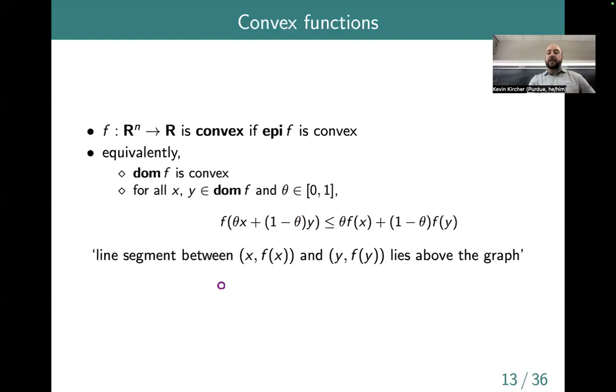And so geometrically, if you pick the point x comma f of x, this would be a point in R^(n+1) if x is an n-dimensional vector, and another point y, f of y, in that same n plus 1 dimensional space, and then you draw the line segment between those two things, that line segment would always lie above the graph of the function.